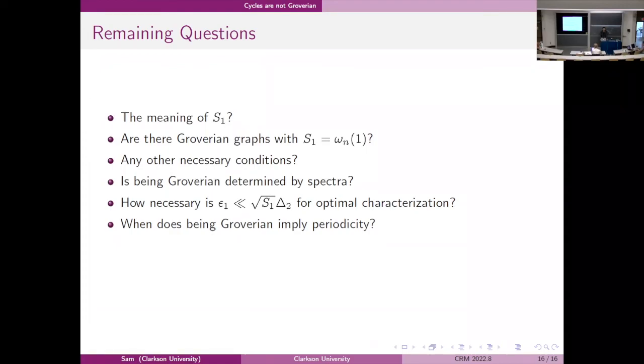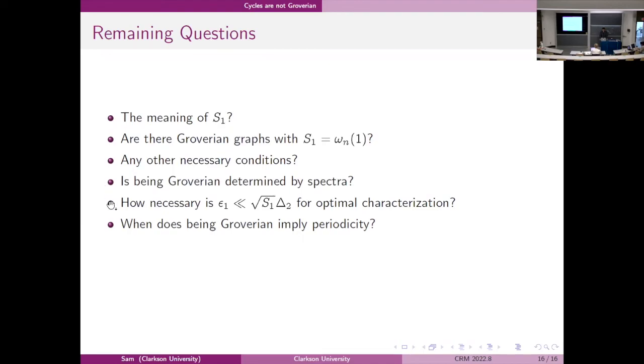The 2D lattices are saying you've got to wait a longer time. It's not the optimal time, but you've got to wait longer, and eventually the amplitude will concentrate on the target vertex, and this is out of the scope of our result.